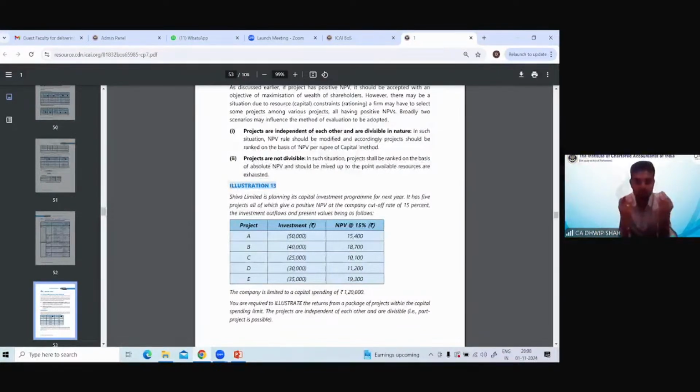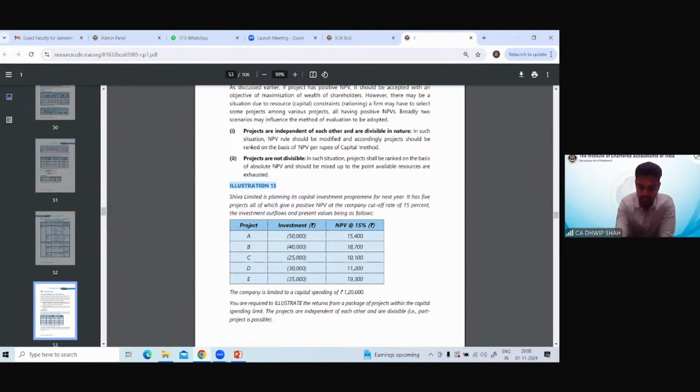So how to give preference? You have to give rankings. And how to give rankings? It will be based on whether the projects are divisible or indivisible. So let's see under this illustration whether the projects are divisible or not. You are required to illustrate the returns from the projects within the period of spend within the capital spending limit. The projects are independent and divisible, and divisible means part project is possible, means even proportionate spending is allowed.